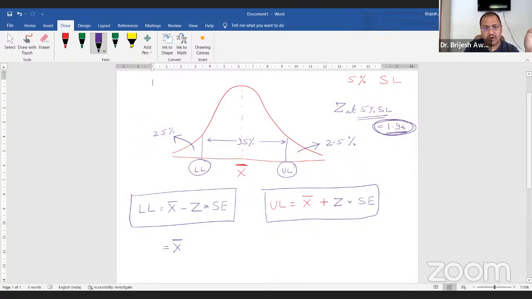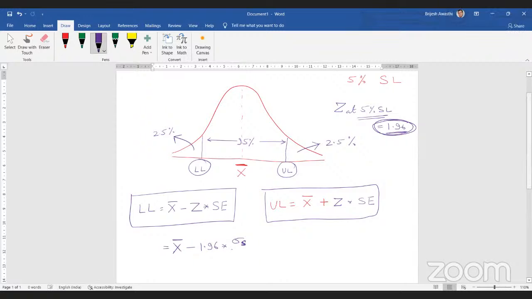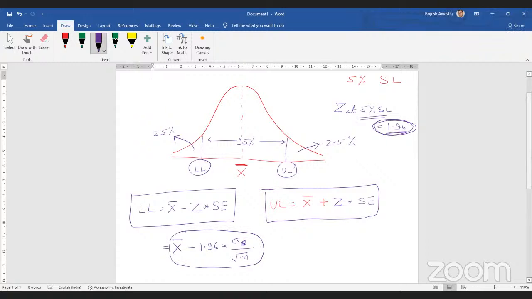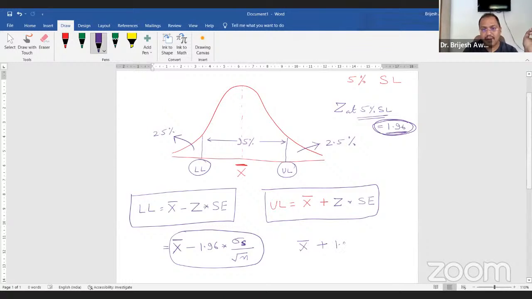So it becomes X bar, the sample mean, minus 1.96 into the standard deviation of the sample divided by the square root of n. Now it is simple. Similarly, the upper limit is X bar plus 1.96 into the standard deviation of the sample divided by the square root of n.